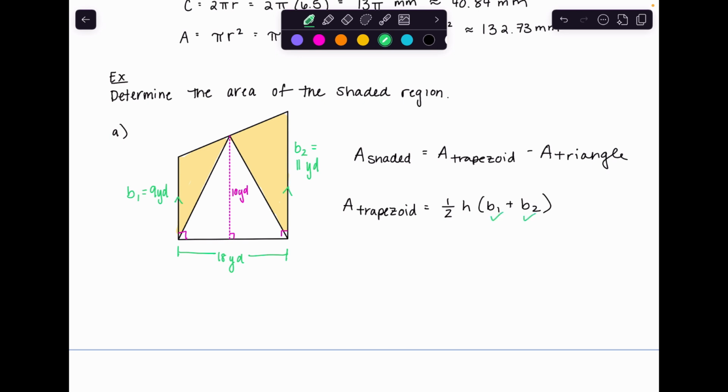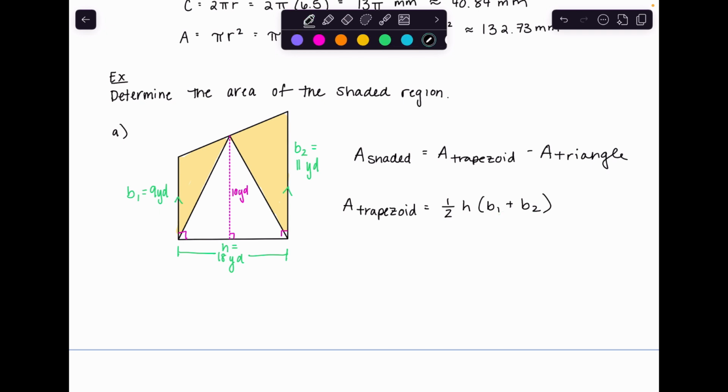Now I need to figure out the height, which is the distance between them. Again, that forms that right angle. Well, really, that's actually given to me right down here because I have those two right angles. So this is actually my height. So I have the two things that I need.